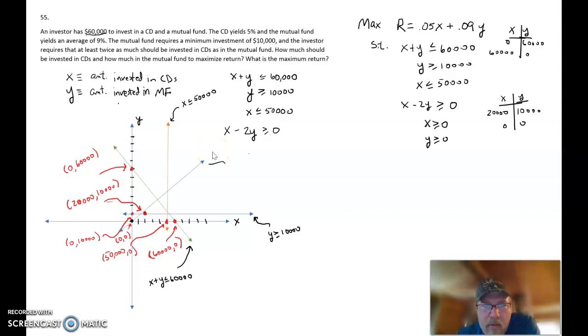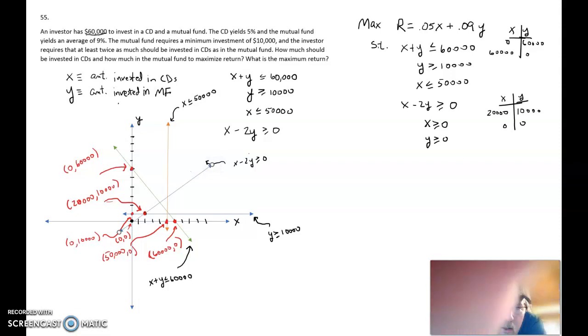There we go. And that is the line X minus 2Y greater than or equal to 0. I want to make sure this goes exactly through that other point. Looks like I have it a little too high. Let me slant it down. There we go. So good to go.